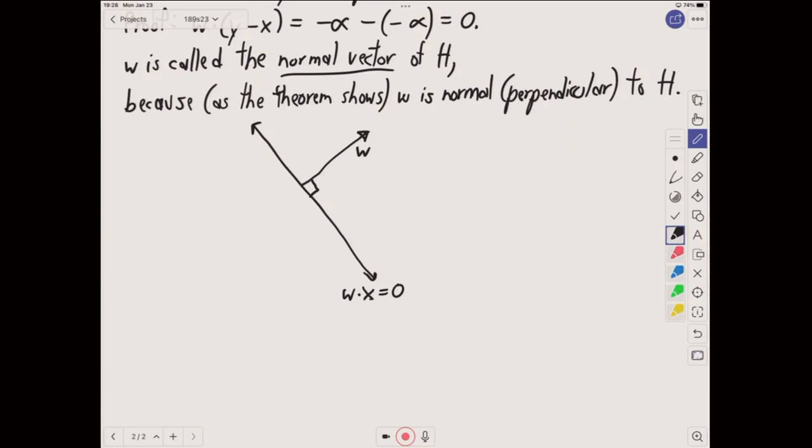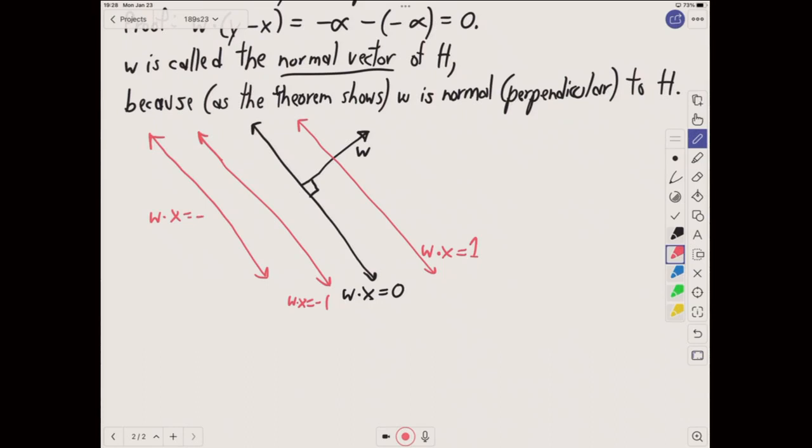But if you choose different iso values instead of 0, you could, for instance, instead get the decision boundary w dot x equals 1, or the decision boundary w dot x equals minus 1, or the decision boundary w dot x equals minus 2. And they're all orthogonal to w.